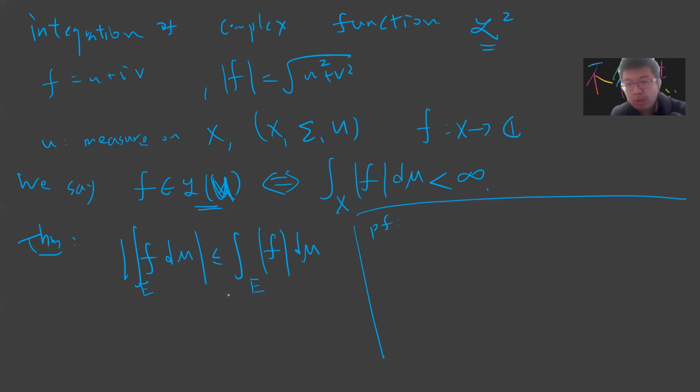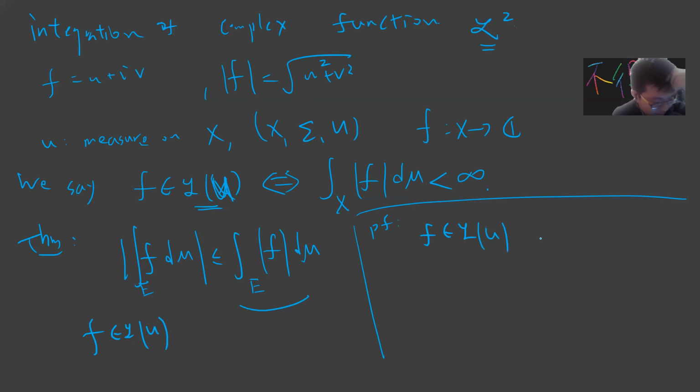This is probably the 101, the first important inequality in analysis that you can always use: if you take the absolute value of something, you can always pass it inside. It looks very trivial. By the way, your f needs to be in L1, otherwise this will be infinity, and anything is less than or equal to infinity.